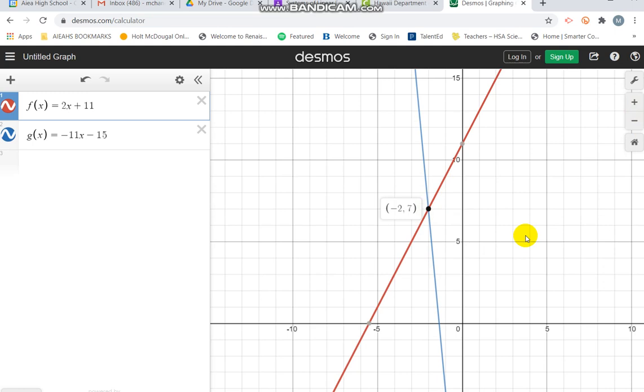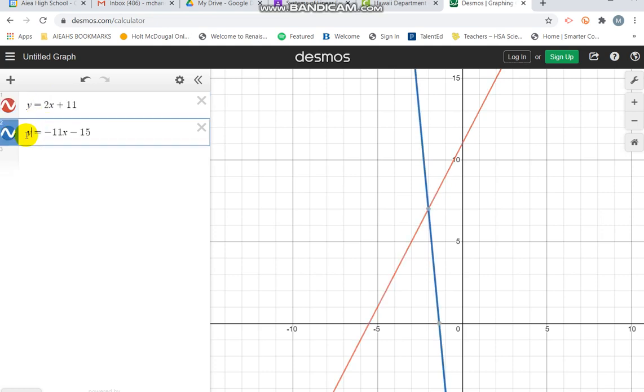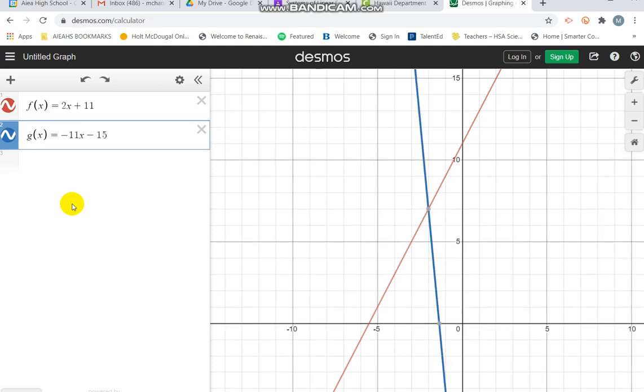So negative 2, comma 7 would be our solution if we were to set f of x and g of x equal to each other. Because just think about it, this is the same thing as y equals 2x plus 11, and the same thing as y equals negative 11x minus 15. Nothing changes. We're just writing it in a different notation, as you can see.